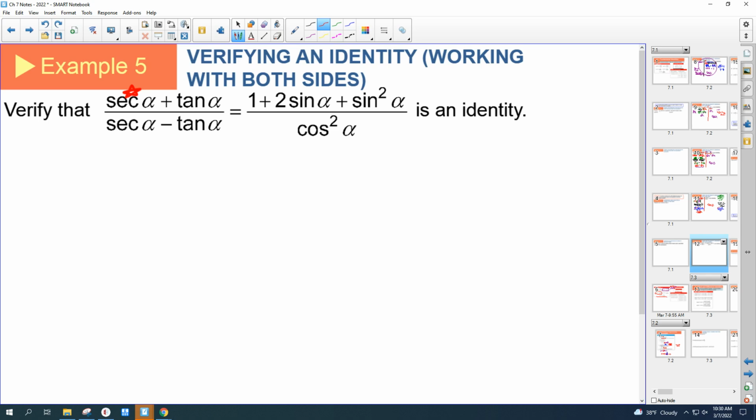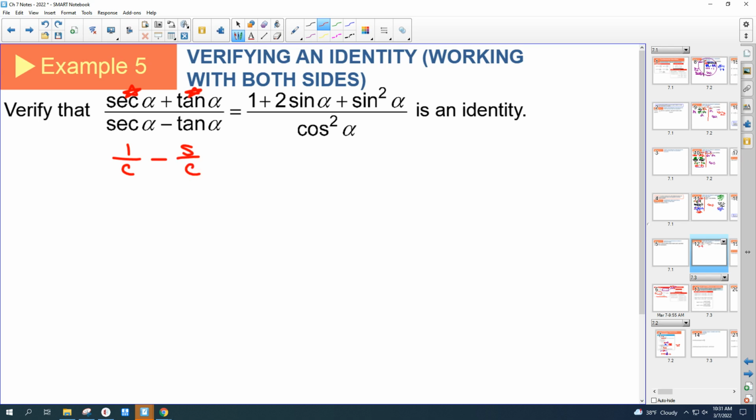I know secant is 1 over what? What's secant? Thank you. That's 1 over cosine. And tangent, in terms of sine and cosine, what's tangent? Tangent is sine over cosine.